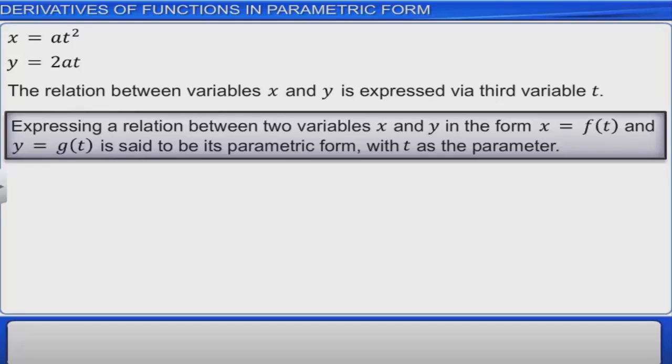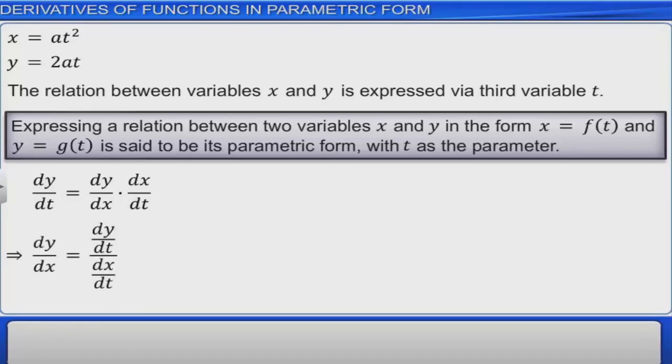If we have to find the derivative of y with respect to x, then we use the chain rule. Therefore, dy by dt is equal to dy by dx into dx by dt. This implies that dy by dx is equal to dy by dt divided by dx by dt, provided dx by dt is not equal to 0.